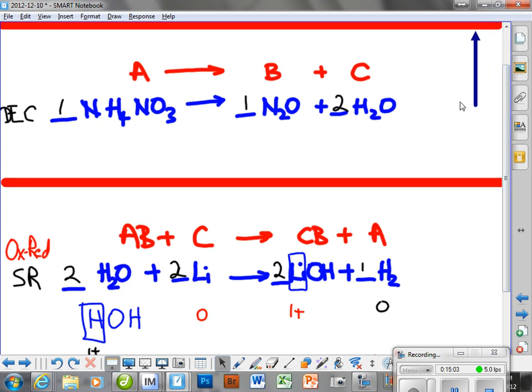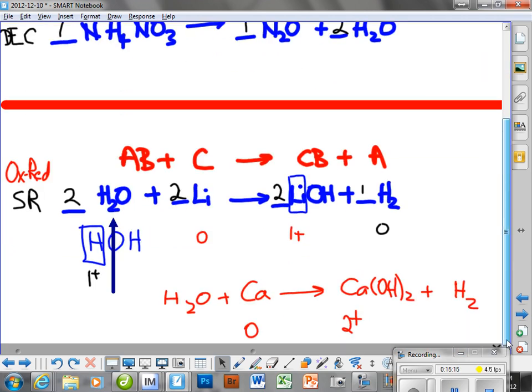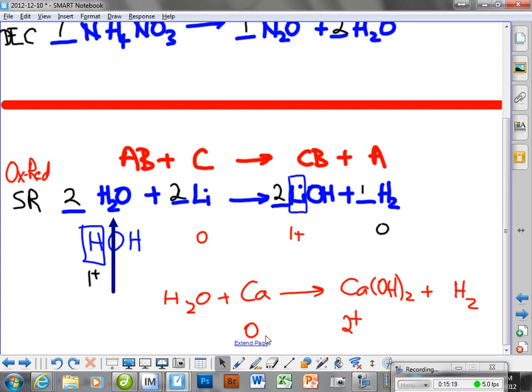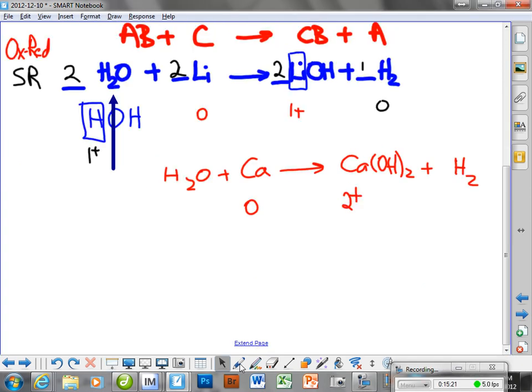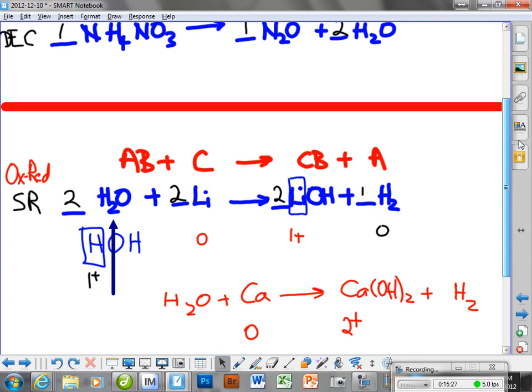So here we have my AB, and here's my C. The hydrogen here, and now we come back up here.